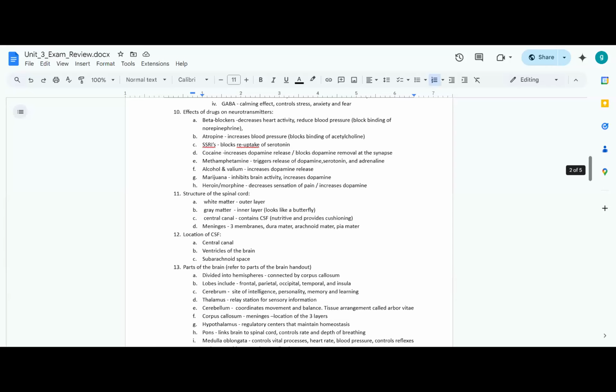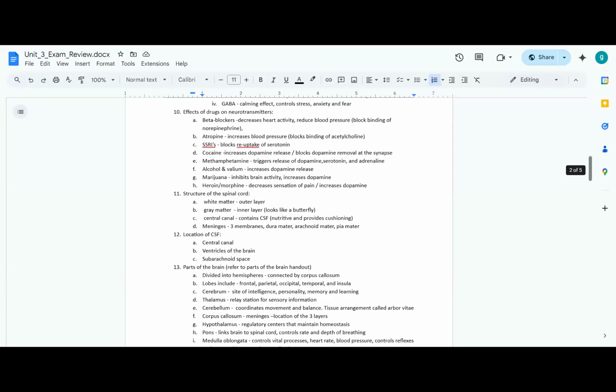Right, looking at the more recreational drugs, cocaine increases dopamine release, which is your feel-good neurotransmitter, and helps to block dopamine removal at the synapse. So more dopamine present means more reward, feel-good sensations.